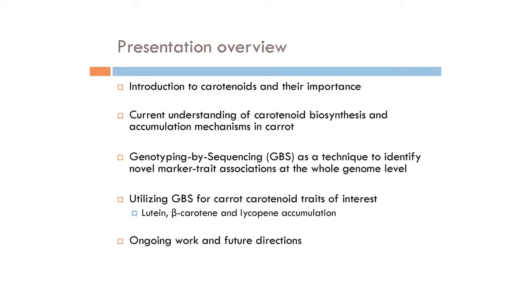And then I'll show how we've used this technique in our lab to focus on several different carotenoid traits of interest, including lutein accumulation and beta-carotene and lycopene accumulation, and then kind of where we are right now and future directions for this work.